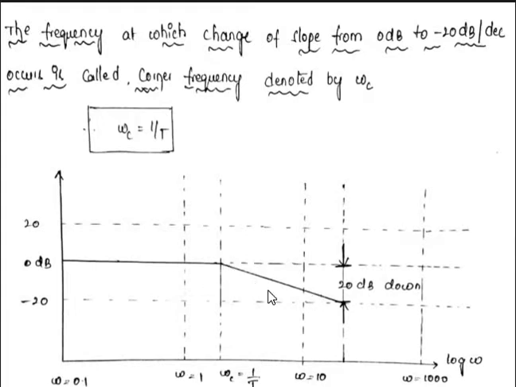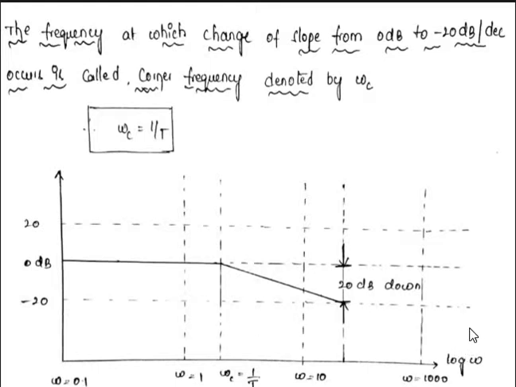The difference between these two lines is minus 20. Again it starts decreasing here, and another decade we have to complete. At omega is equal to 30 this decade starts, and at omega is equal to 300 the next decade ends.